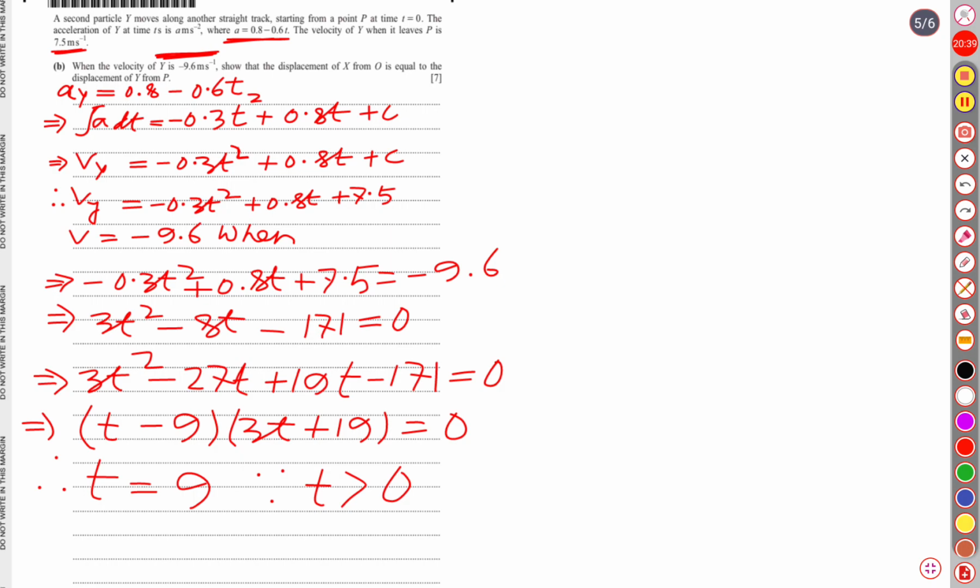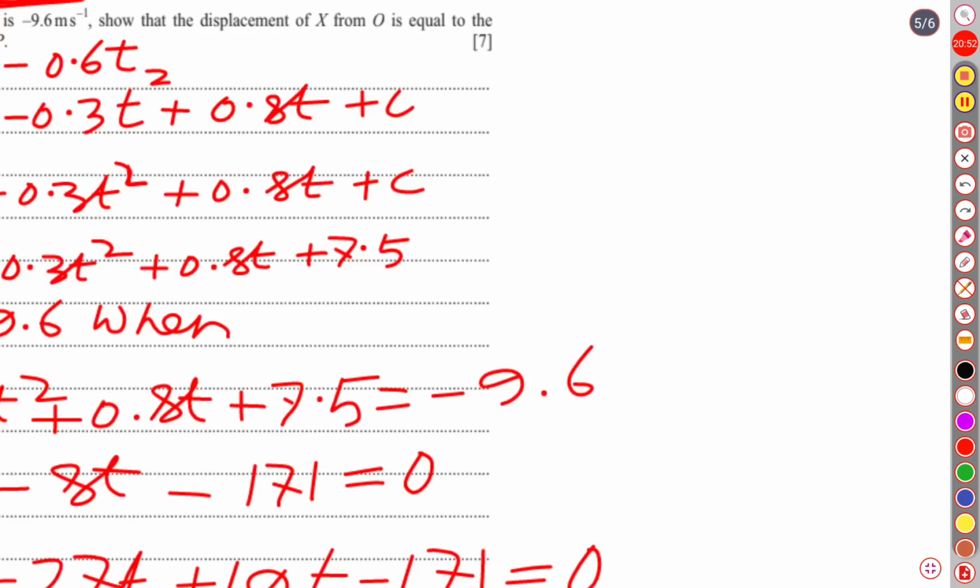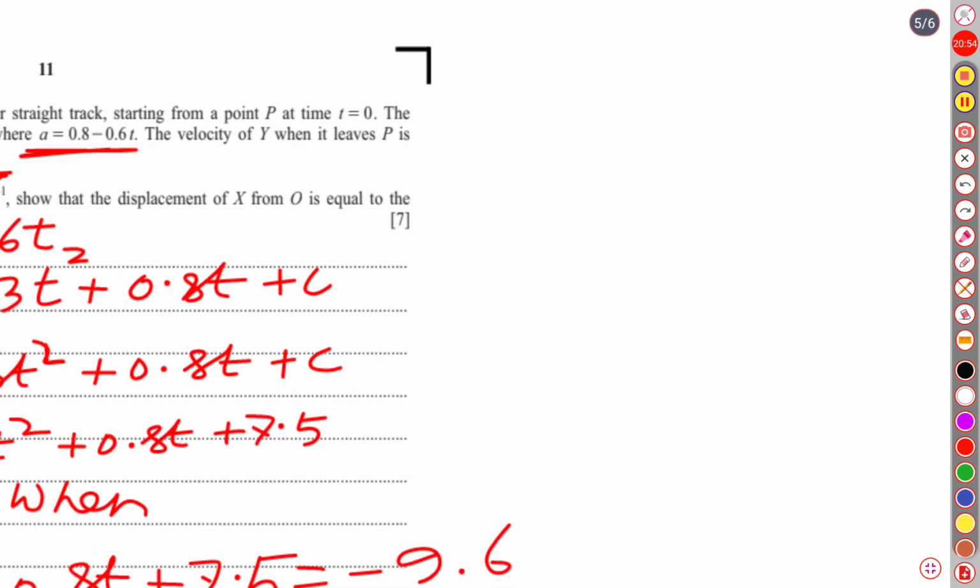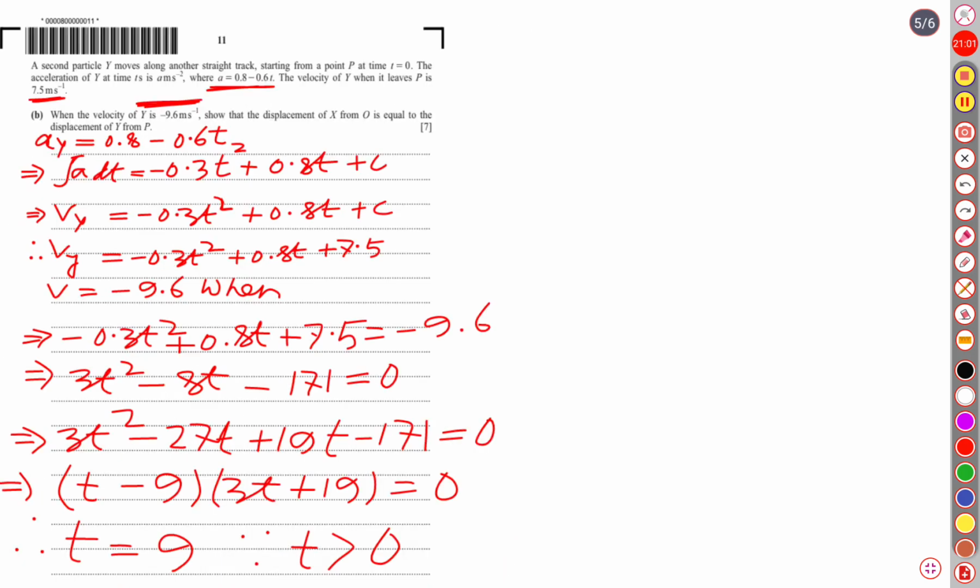Okay, now we will have to find out the displacement it traveled in the first 9 seconds. Before that we must draw a graph of that. Let us draw a curve for this displacement.